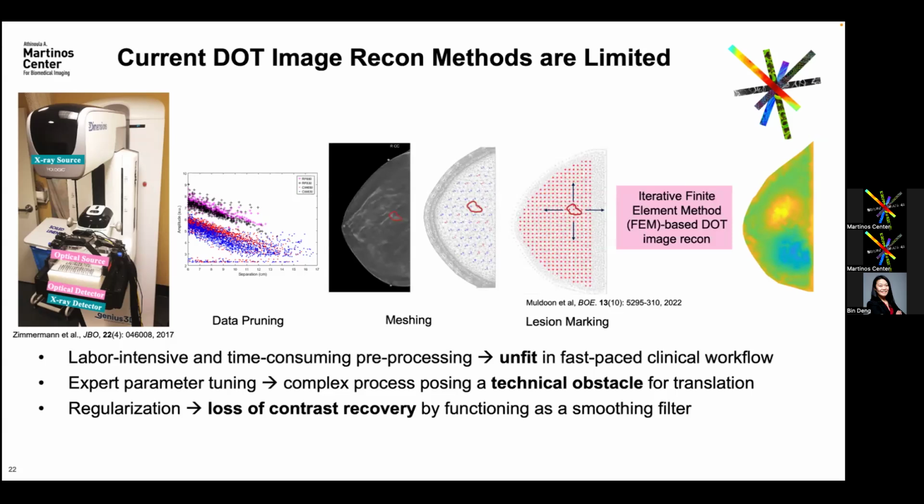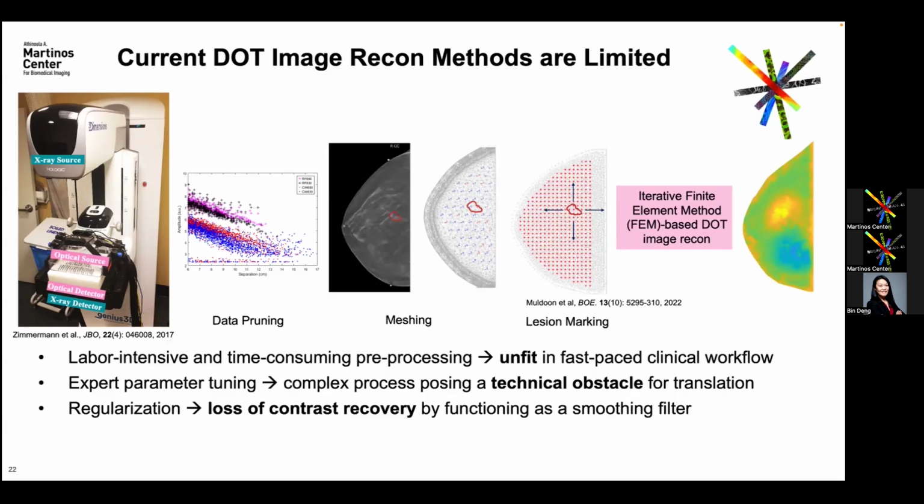Also, optical image reconstruction needs expert parameter tuning and deep knowledge of diffuse optical tomography, so it's a technical obstacle for physicians to use. And the traditional finite element-based image reconstruction uses regularization because it's very sensitive to noise.